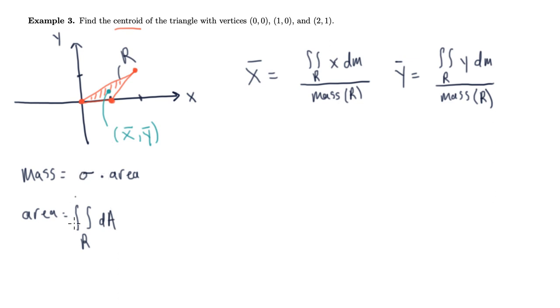And now where do my area elements go between? Well, if I fix, say, a y coordinate here, then x is going to go from here to here. All right, so for a fixed y between 0 and 1, x is going from, what is this line?